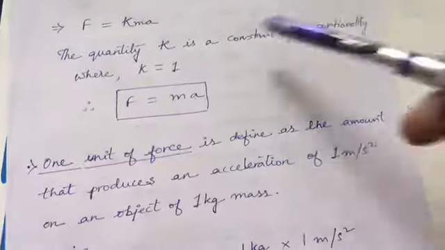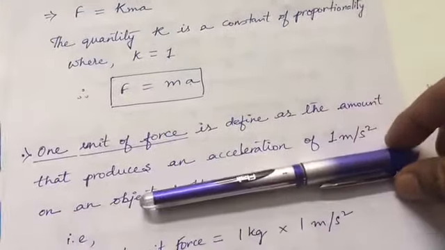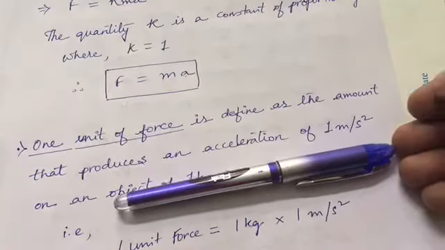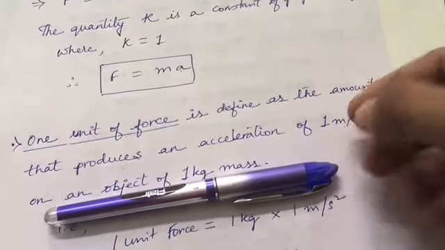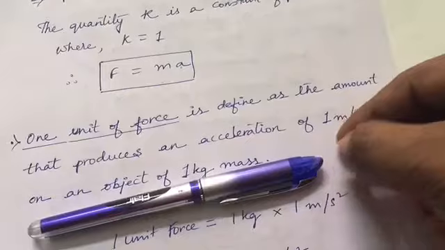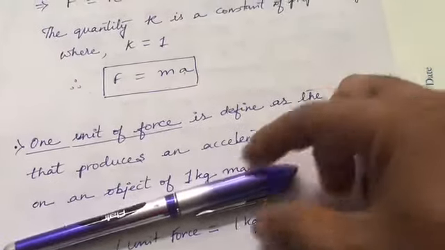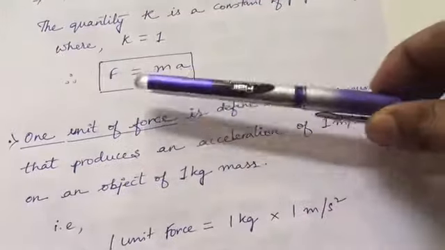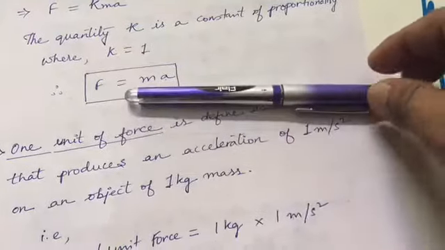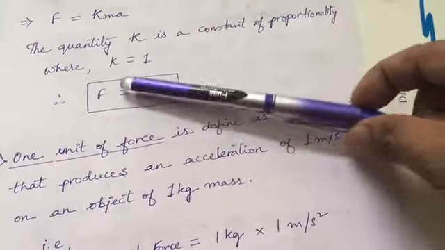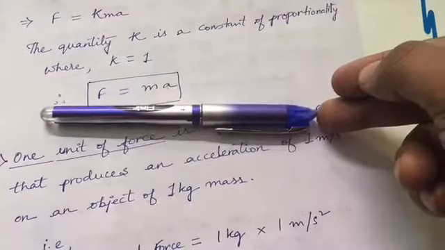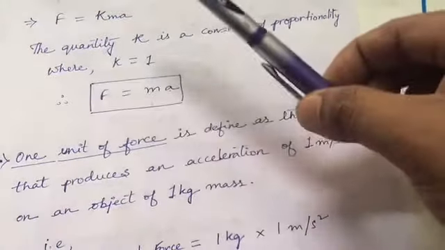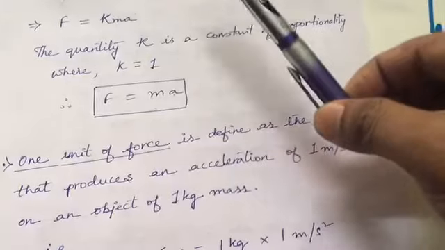Suppose this is my pen; if I apply force here, it will attain an acceleration. Suppose it has attained an acceleration of 1 meter per second square and this pen has 1 kg mass, then I am applying 1 unit of force.